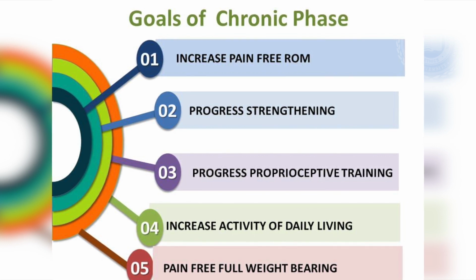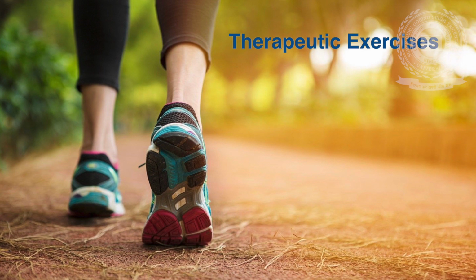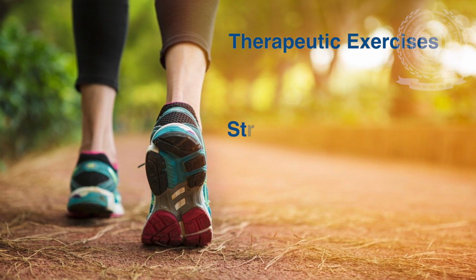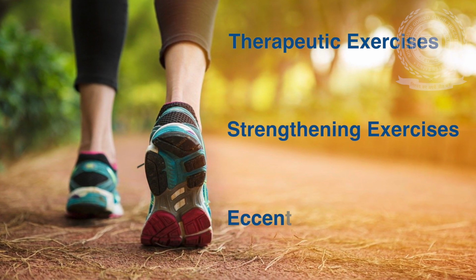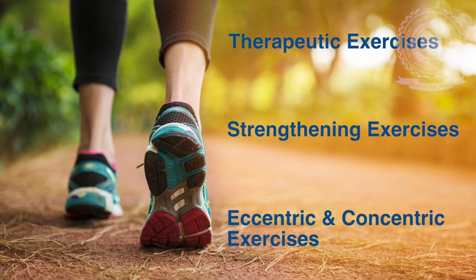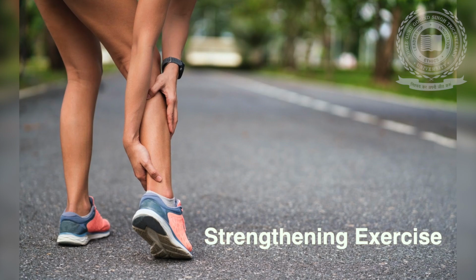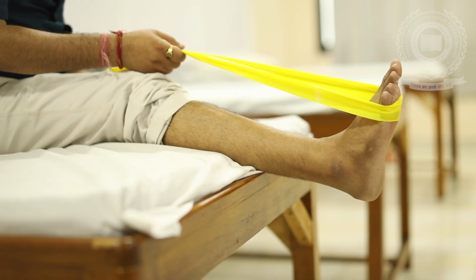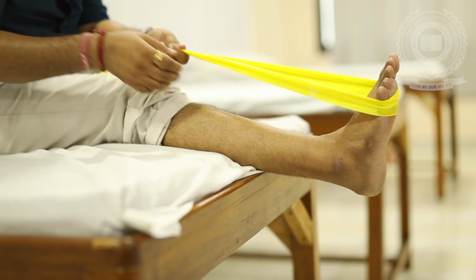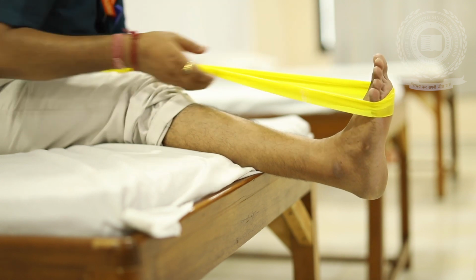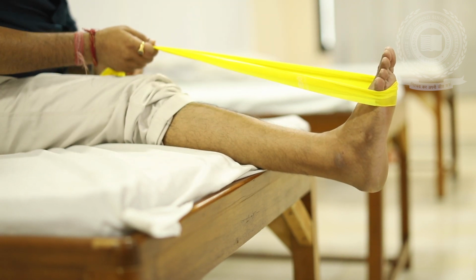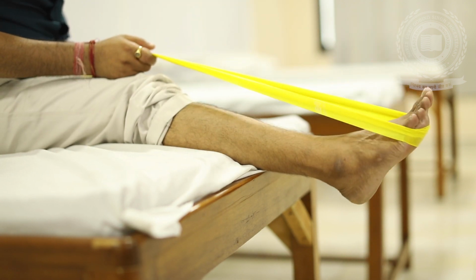To achieve this, we can do therapeutic exercise, strengthening exercises, eccentric and concentric exercises. Now I'll demonstrate the strengthening exercise with the TheraBand. I'll place the TheraBand over the ball of the toe, hold the other end of the TheraBand, and do the plantar flexion.